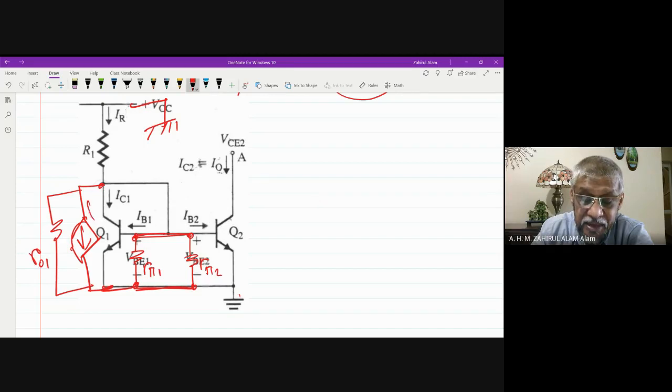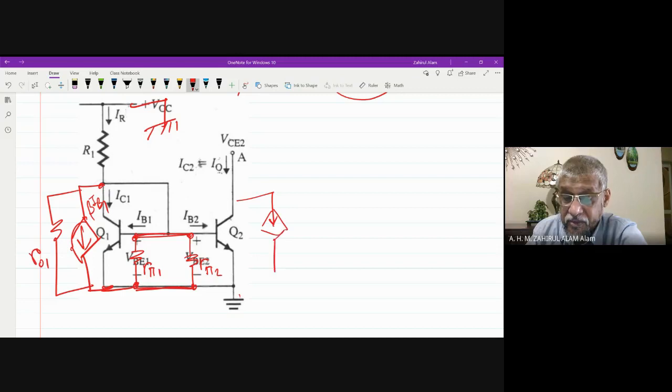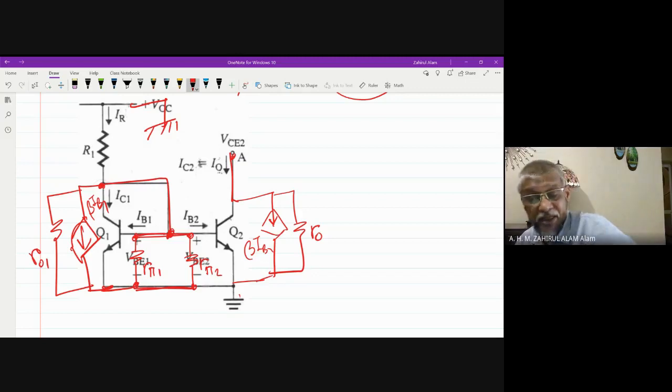So that is beta times IB1. And also there is a current source in parallel with a resistance, which is beta times IB2. Also this is connected to ground. So now this is our equivalent circuit.